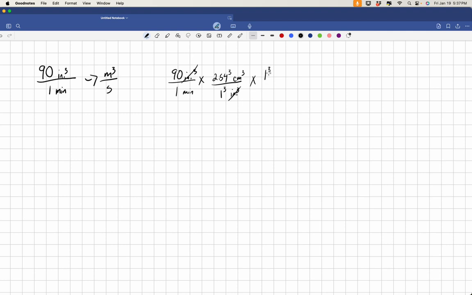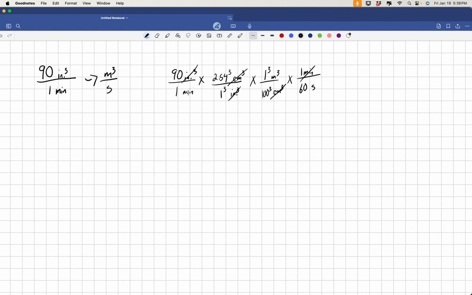So 1 cubic meter has 100 cubed centimeters cubed. All right, so meters cubed is where we wanted to go with our unit of measure. Now we need to worry about time, and that's just one step. We're going to go from minutes to seconds, and we know that 1 minute is the same as 60 seconds.